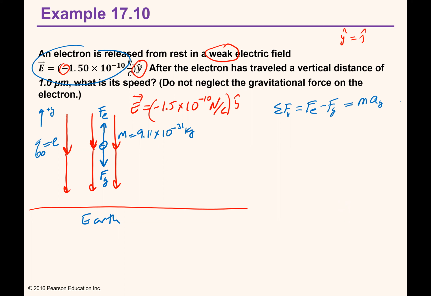All right, so this is just Newton's second law. The electric force is the charge times the electric field, then minus the gravitational force, which is just mg, and this equals m times a y. Now, from here, I can calculate the acceleration, which will be the charge times the electric field minus mg, divided by the mass.